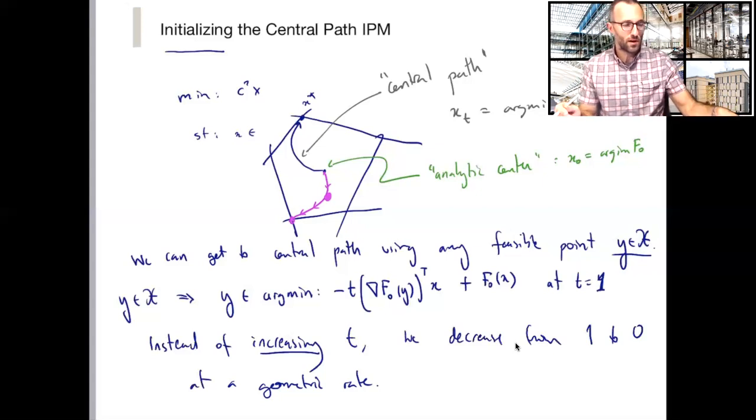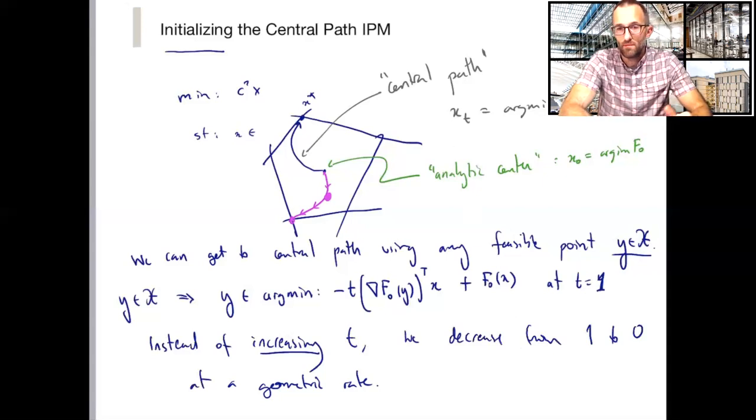So this is the story of interior point methods and basically how we use Newton's method to solve them. It is one of the main implementations for large-scale linear programming.